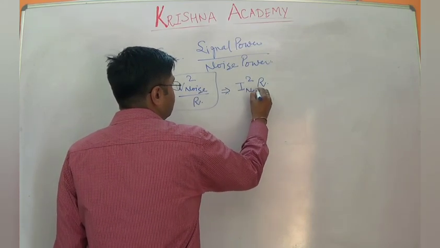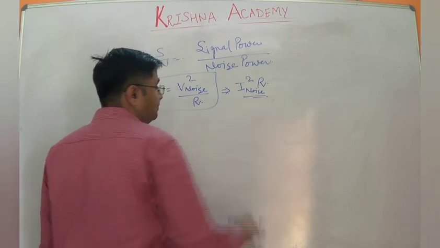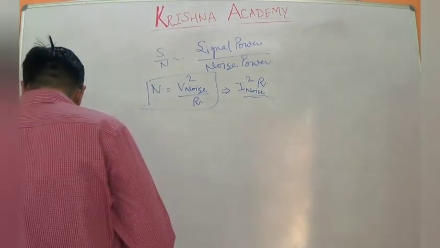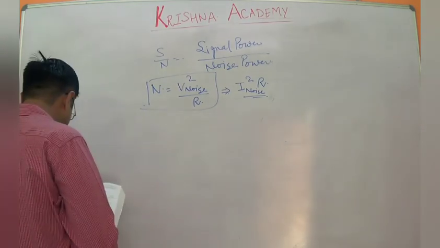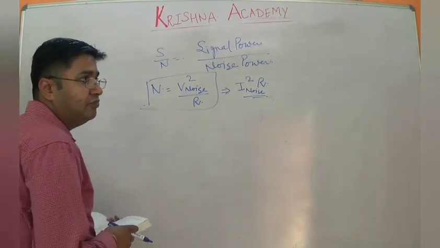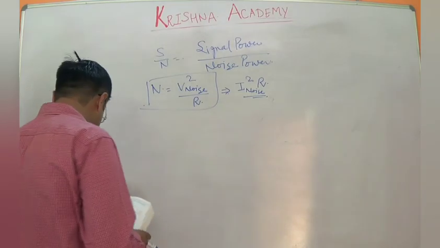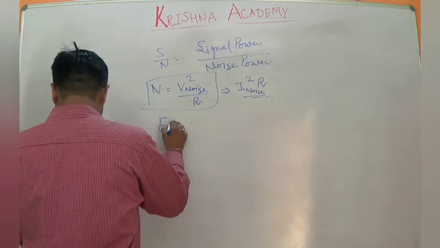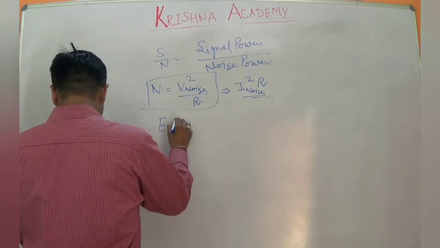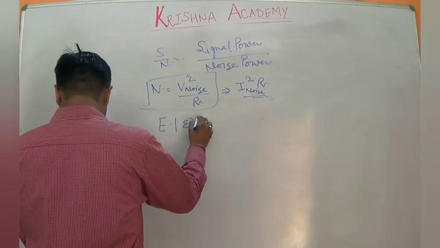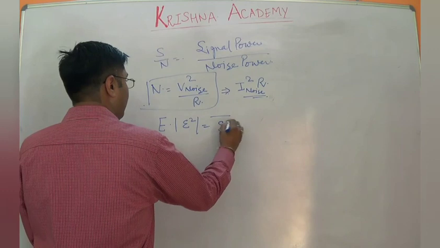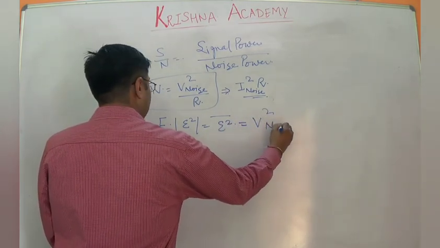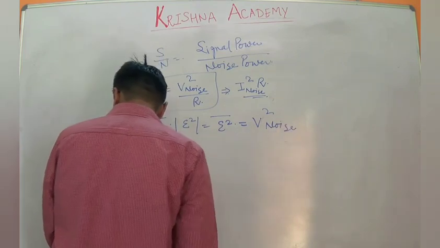Here I is the noise part. We can take both the parts. Now if we are talking about V square, it is the mean square value of that particular signal. So in this system, E square equals E square bar equals V square noise.